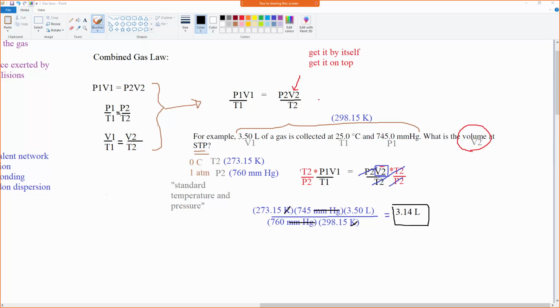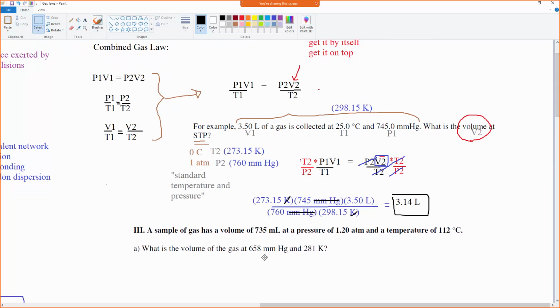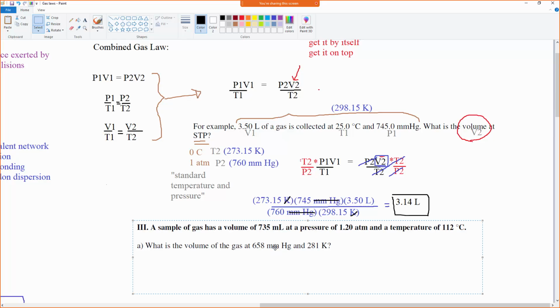Okay, so I'm just going to pull this from your worksheet. I'm looking at section 3. We're going to look at a sample of gas that has a volume of 735 milliliters at a pressure of 1.2 atmospheres at a temperature of 112 degrees Celsius.